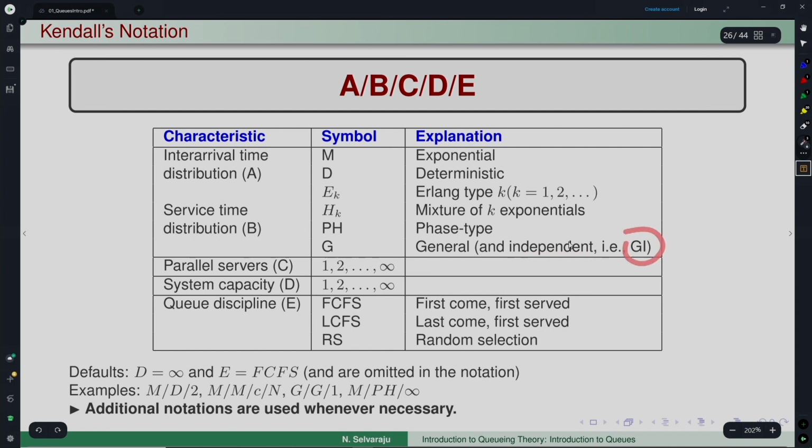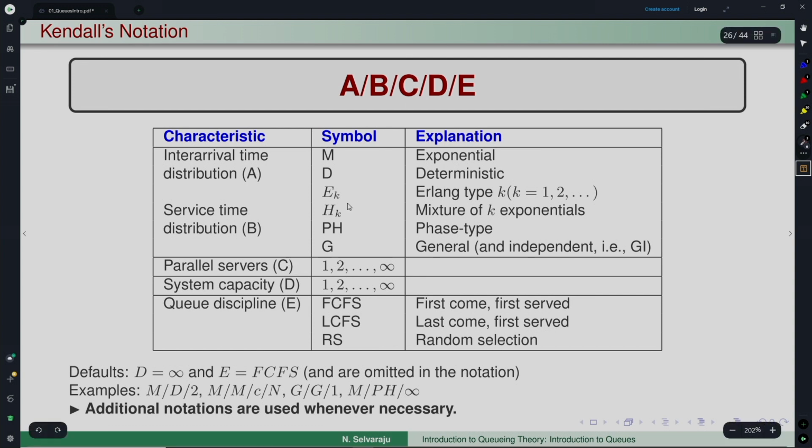Some books or places use the notation GI to denote this. Typically, whenever you need to distinguish between general independent and general dependent, then G and GI are used. But since we generally have only the independent system, for us G would work to mean that it is general and independent in this case.